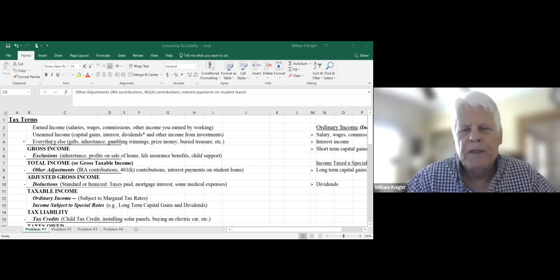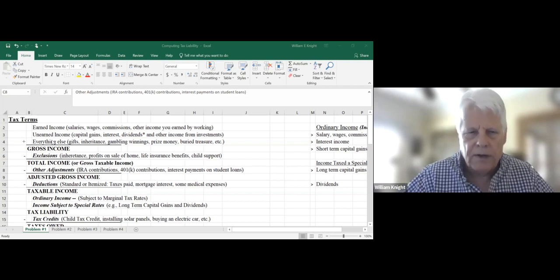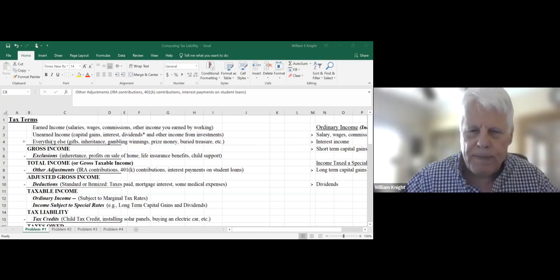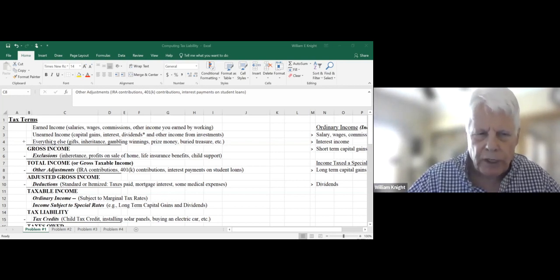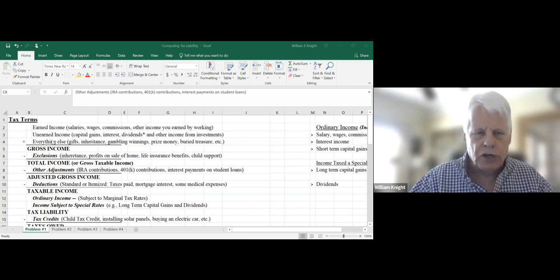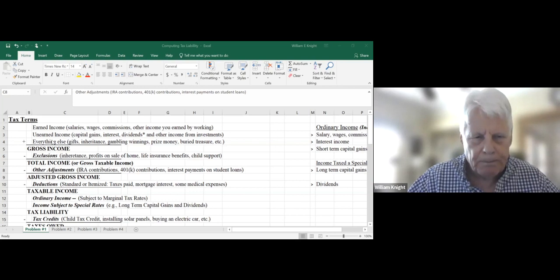We don't really need to go over all of them here because this isn't about actually computing somebody's taxes. This is about becoming familiar with the way in which income taxes are computed. So once we deduct adjustments from our gross taxable income, we get adjusted gross income, AGI.